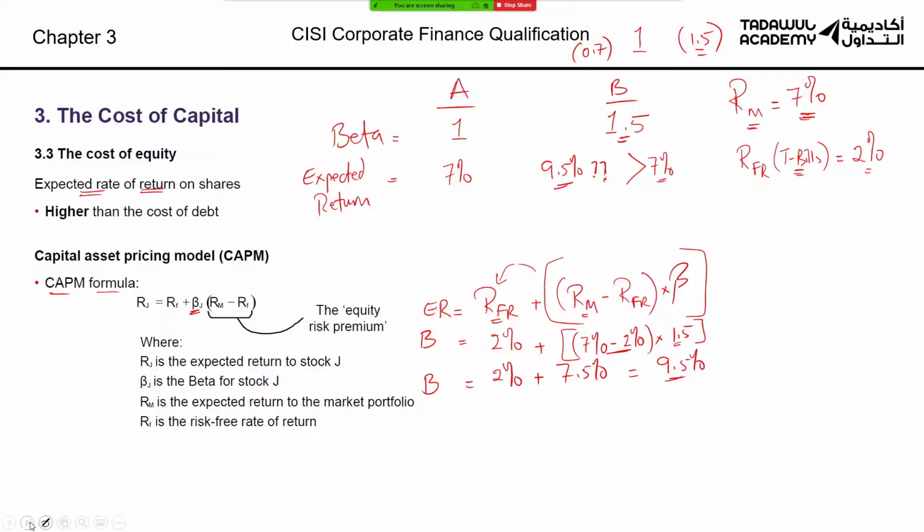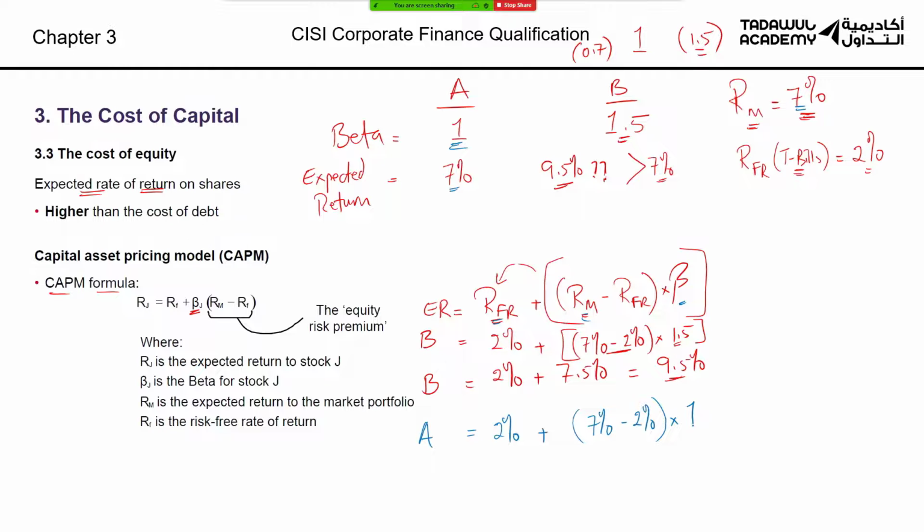Now, we said that for stock A, since it has a beta of 1, it follows the market. Whatever the market return is, that is the return of stock A, 7%. Let's see if CAPM is going to give it to us. We didn't need to calculate it because we just assumed it using a beta of 1. But let's apply it for stock A. Again, it's the risk-free return, 2%, plus the return on the market, 7%, minus the risk-free return again, 2%, times, what is the beta of A?